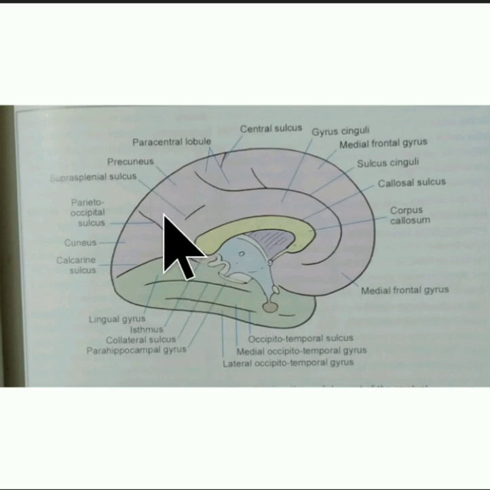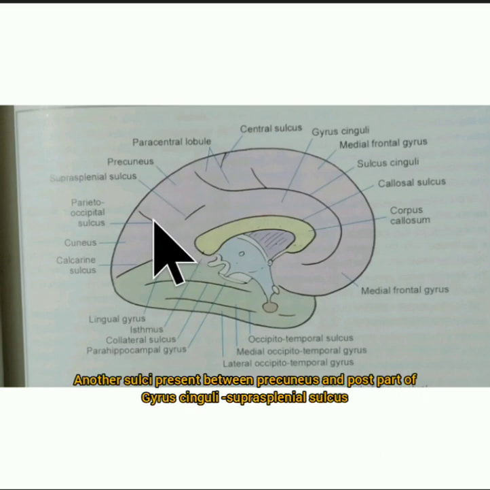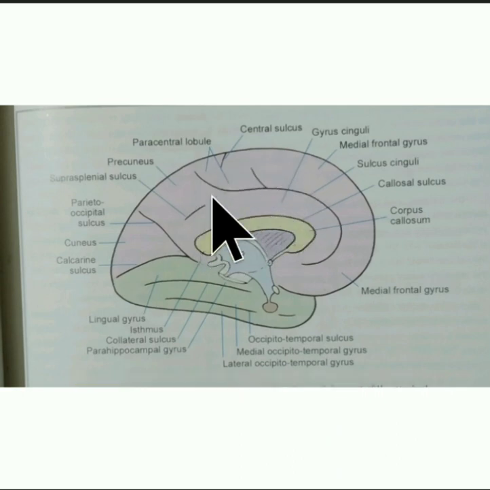The area between the parieto-occipital sulcus and behind the paracentral lobule is called the precuneus. So these are the gyri and sulci seen on the medial surface of the cerebral hemisphere.